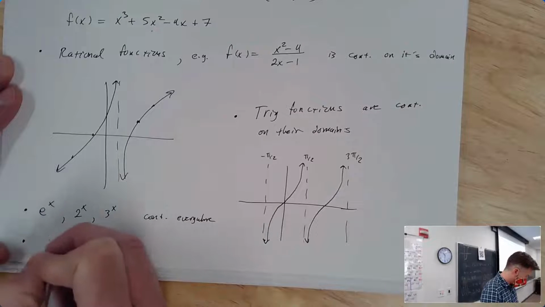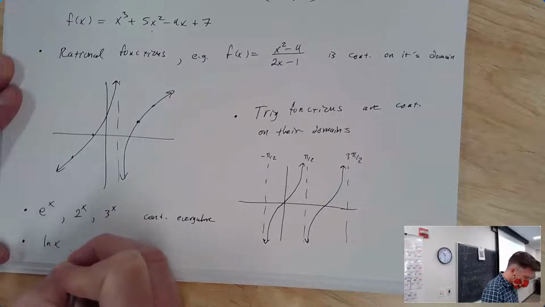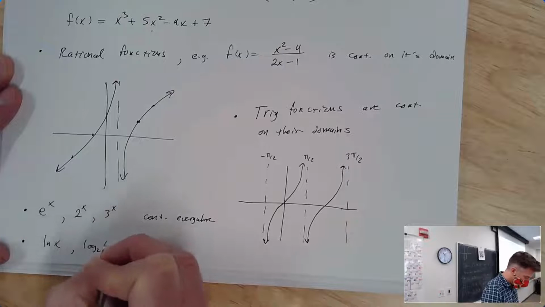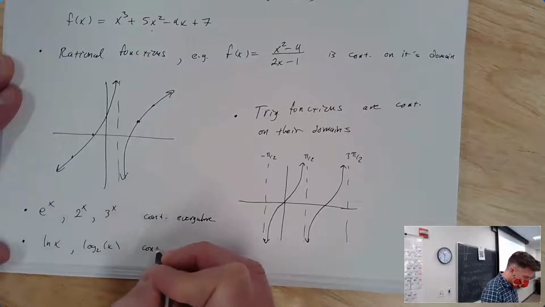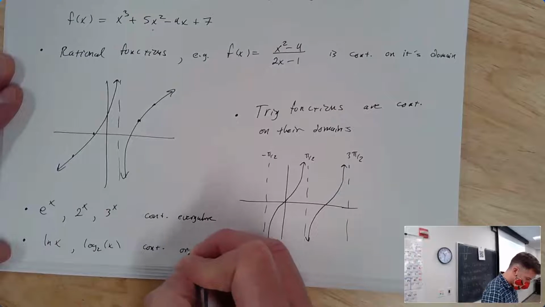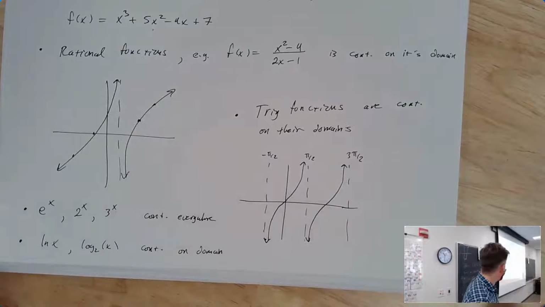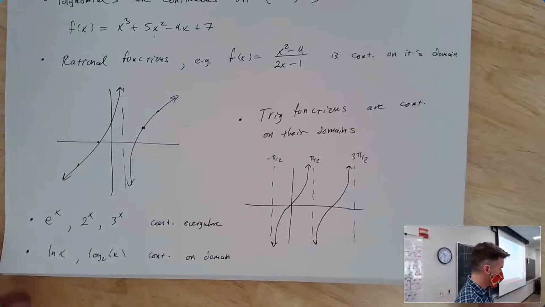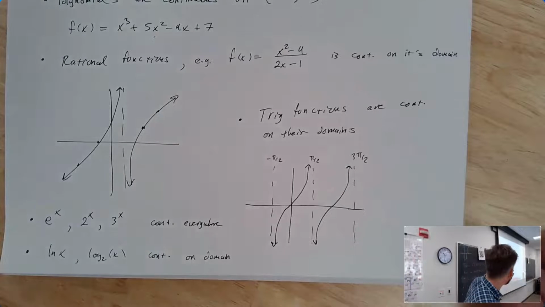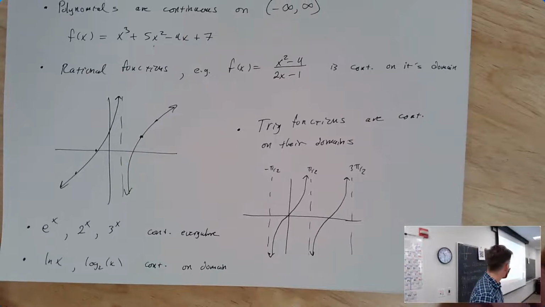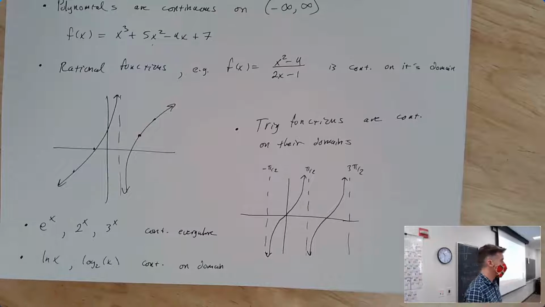And then things like natural log of x or log base 2 of x, those are continuous on their domains, meaning when x is greater than 0. So here is a pretty extensive list actually of all the functions we know that are continuous.